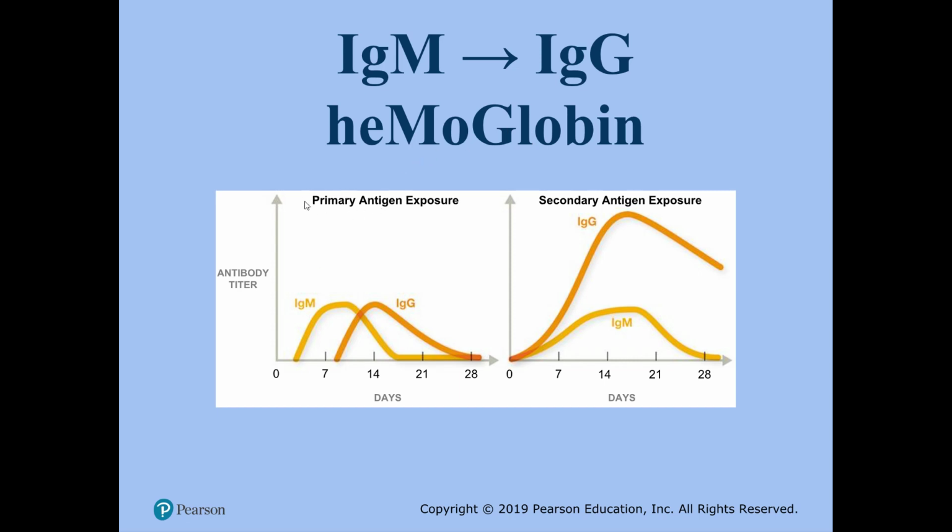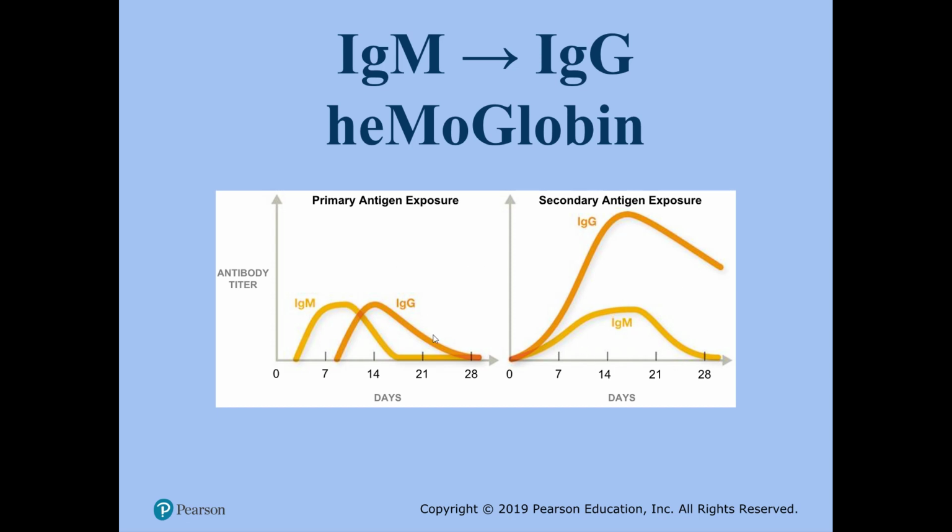This is only when we have the primary antigen exposure. When we're exposed to the same antigen later, remember how we have those memory cells, and so it could remember if it was exposed again? Well, if it happens a second time, or a further occasion, then the IgG and IgM immunoglobulin actually come at the same time.